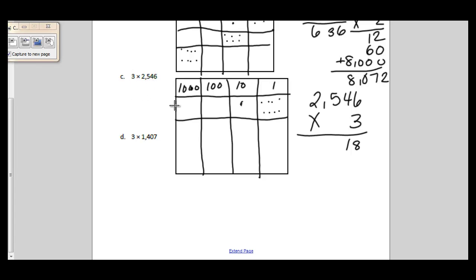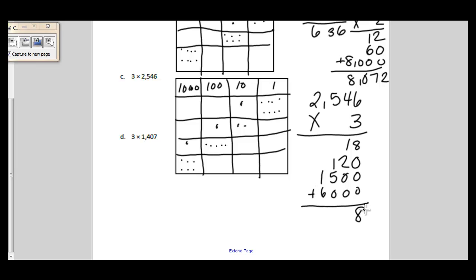That's 12 tens, which is going to be 120. I'm doing 3 times 500s, which is 1500s, which is 1,500. 3 times 2,000s, which is 6,000s. 1, 2, 3, 4, 5, 6.